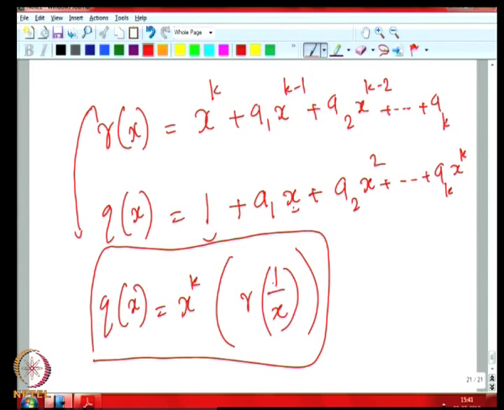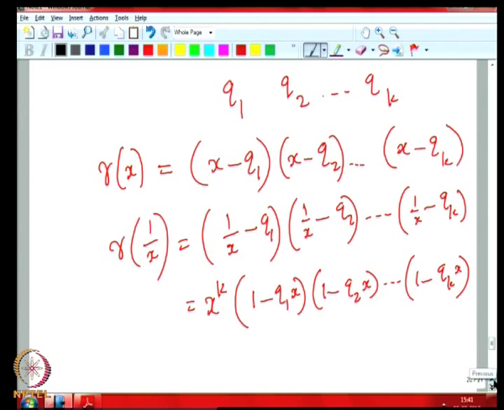But we know r of 1 by x, so we can substitute it here: x raised to k into r of 1 by x, which we already sketched out here. Sorry, what happens is that here, in 1 by 1 minus q x, we have an x raised to k in the denominator.